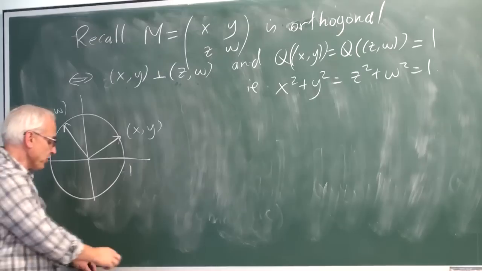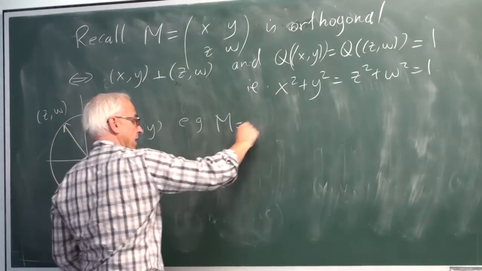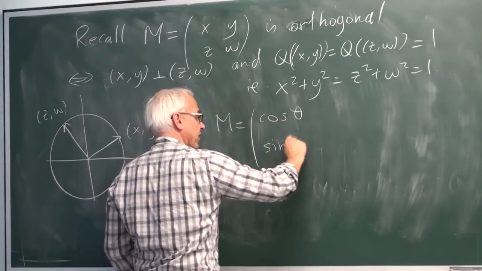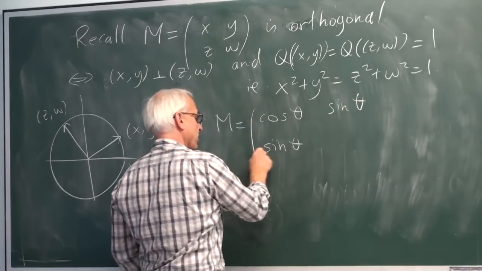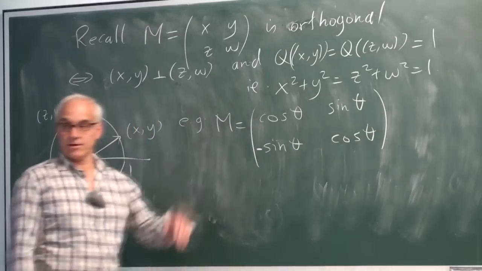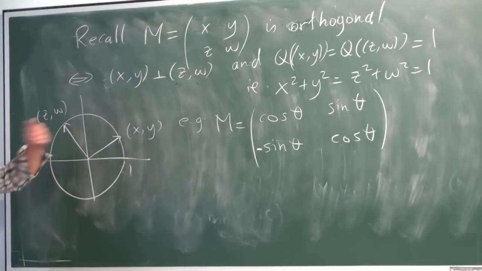Now the standard thing found in most texts is that you can just write down M as, say, cosine theta, sine theta, and minus sine theta, cosine theta. Such a matrix is orthogonal because its 2 rows are both unit vectors and they're orthogonal.